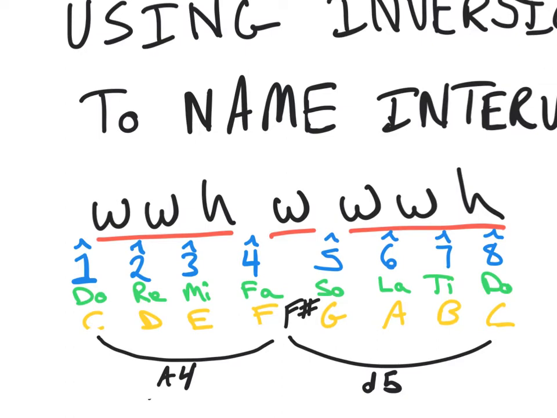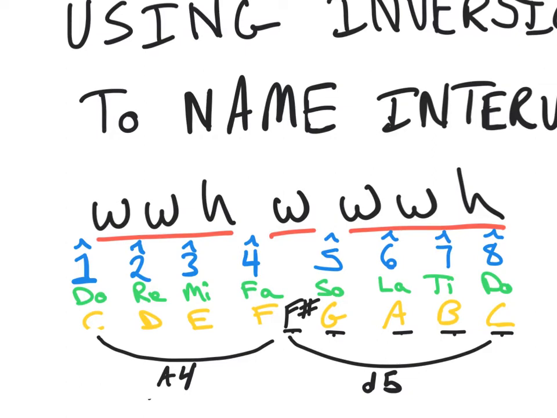And if we count the letter names, F, G, A, B, C, we get 1, 2, 3, 4, 5. So it's got to be a fifth. And you see that we raised the bottom note by a half step. And therefore, instead of being a perfect fifth, it becomes a diminished fifth.